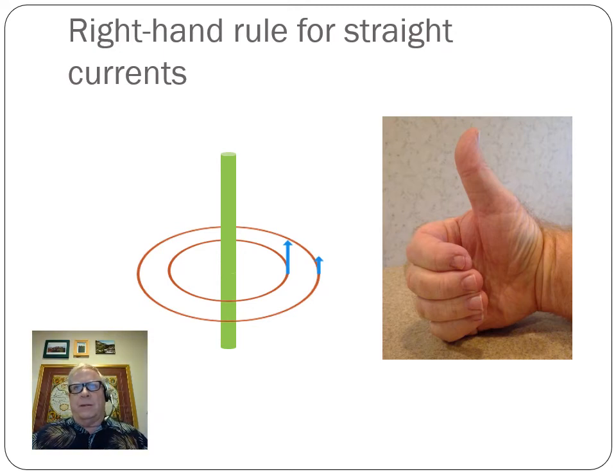So if you were to take your right hand and let your thumb point in the direction that the current is flowing in the wire, your fingers would naturally curl in the direction that the magnetic field lines curl around the wire. Remember, magnetic field lines don't actually show you the magnetic field vectors. They just give you the direction of the magnetic field at any given point, which is going to be tangent to that line.